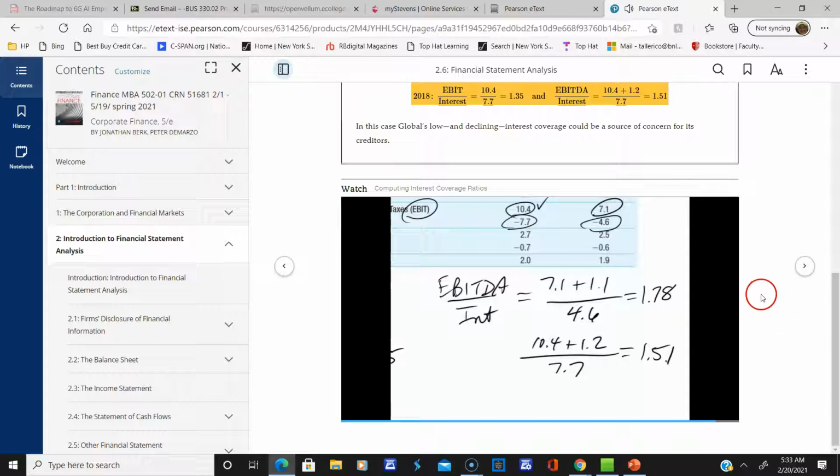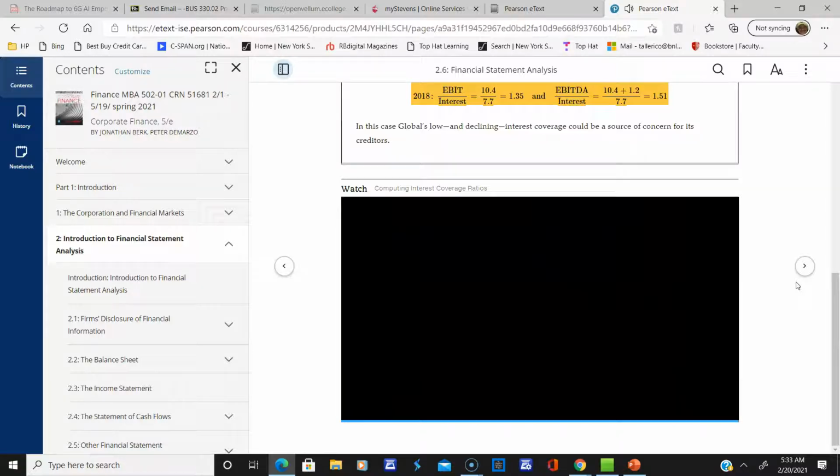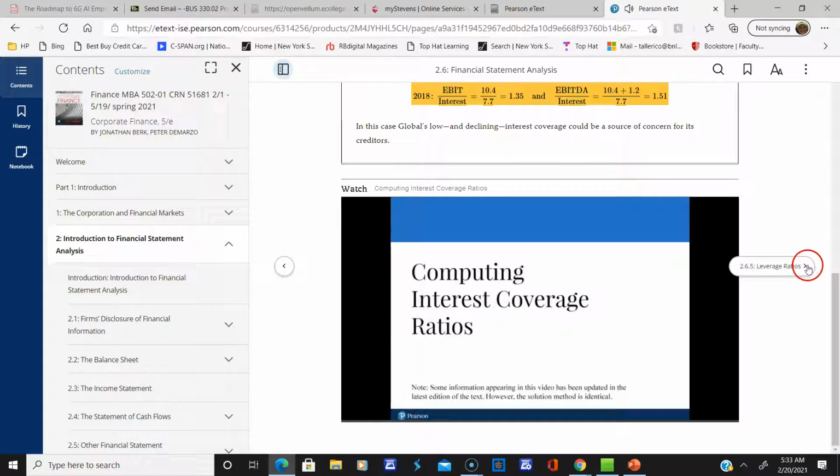So even though Global is more profitable in 2013, it also has more debt. So it actually has lower interest coverage ratios in 2013. All right, so I hope everyone was clear on that.